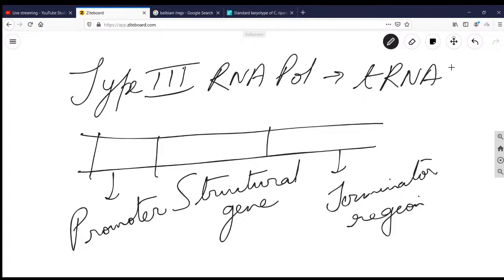And one more thing I would like to add: a specific RNA polymerase codes for this tRNA, which is coded by type 3. That is all fine.